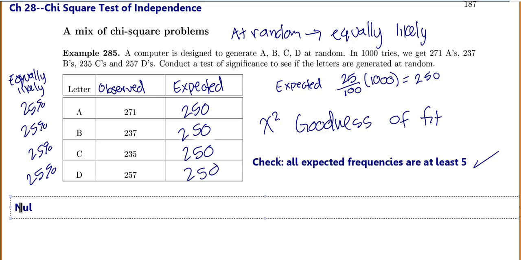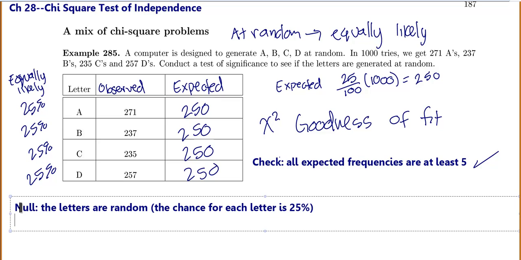Now let's come up with our hypotheses. The null hypothesis would be that the letters are random, or you can think of it as the chance for each letter is 25%, that they would all be equally likely. The alternative would be that they are not random, or not all the chances are 25%.